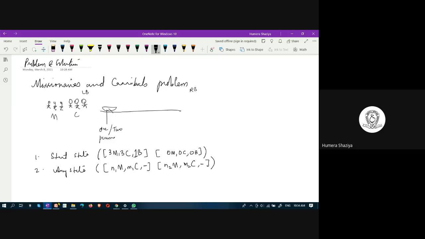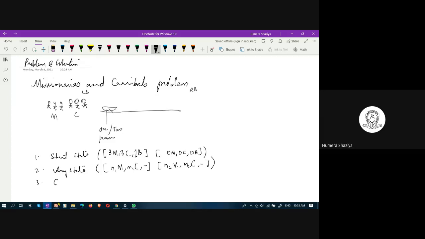It can be 1, 2, 3. M1 is the number of cannibals. It can be 1, 2, 3. Here you can have 1 or 0 for the boat. This is at the left side. At the right side, N2 represents again a number, 1, 2, 3 missionaries, and M2 is also a number, it can be 1, 2 or 3 cannibals. And the boat can be 0 or 1. This is any intermediate state.